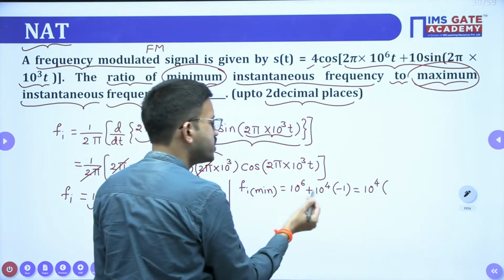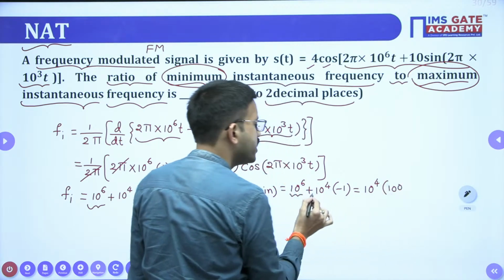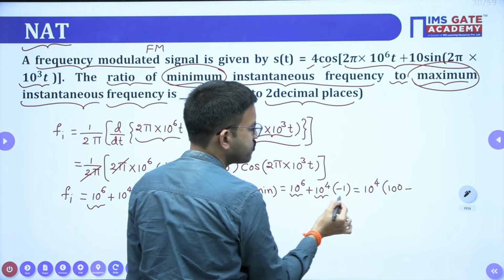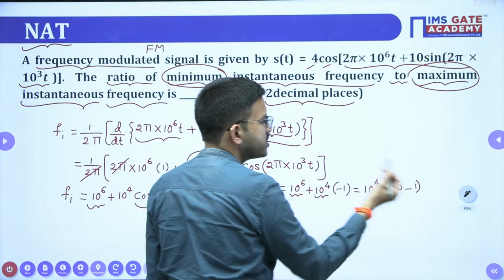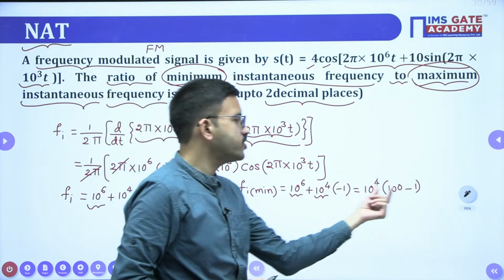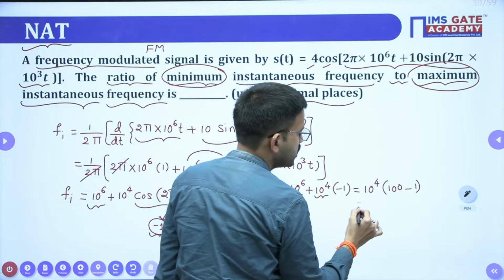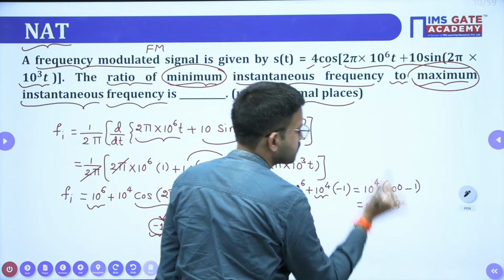Then here you will get 10 square, that is nothing but 100, and plus into minus is nothing but minus, and since I have already taken 10 power 4 as common, obviously 1 is left over. 10 power 4 into 100 is nothing but 10 power 6. So here you get 10 power 4 into 100 minus 1, which is 99.